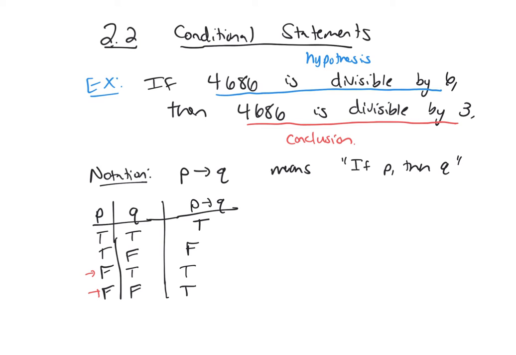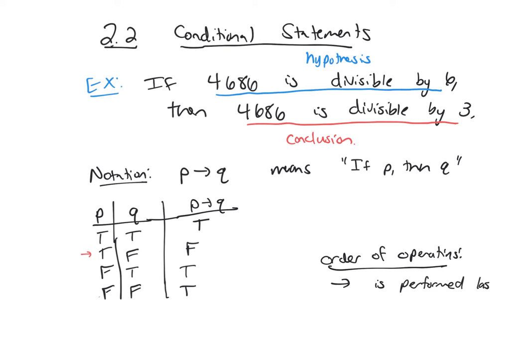The only time it's false is in the second row, when your hypothesis is true, but your conclusion is false. And then our order of operations, because we introduced a new symbol, order of operations tells us that arrow is performed last. It's the last thing that you do.